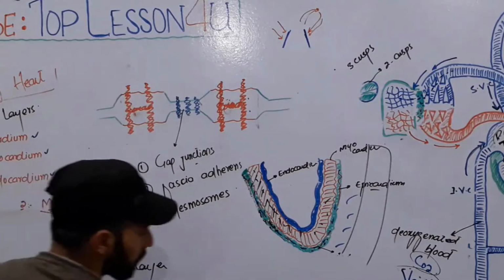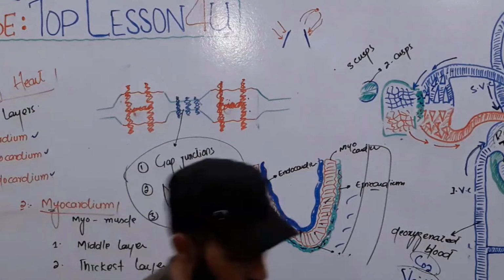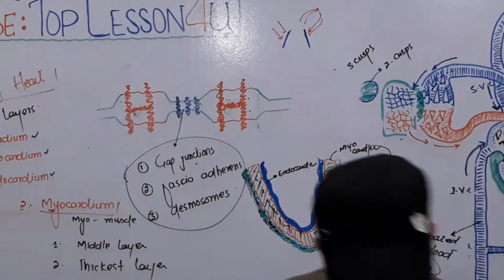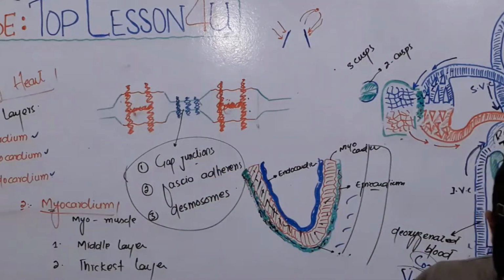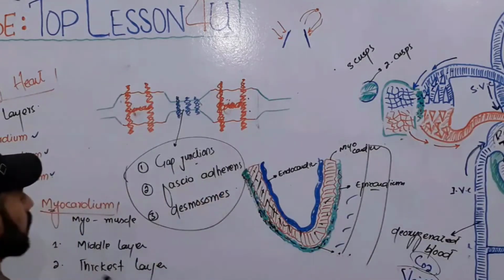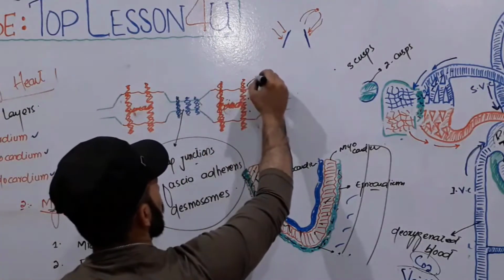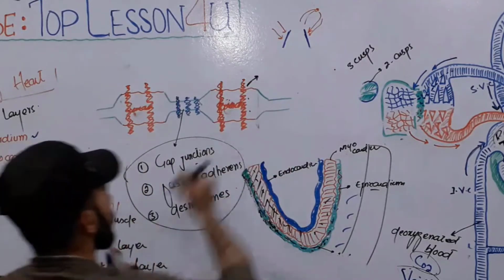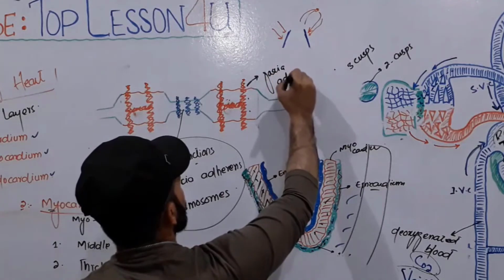So these three are the most important components of intercalated discs: gap junctions, fascia adherence, and desmosomes. These interconnected proteins are the fascia adherence.